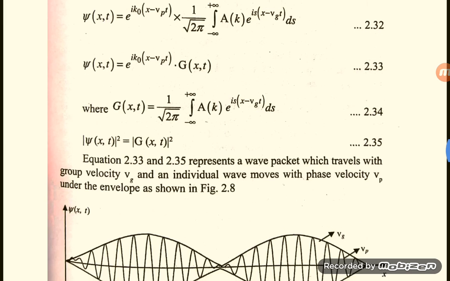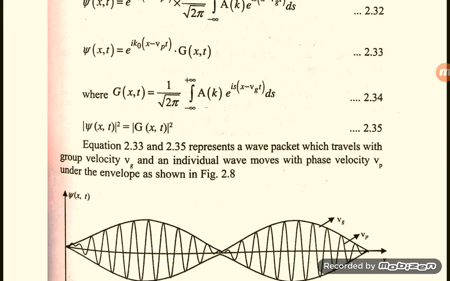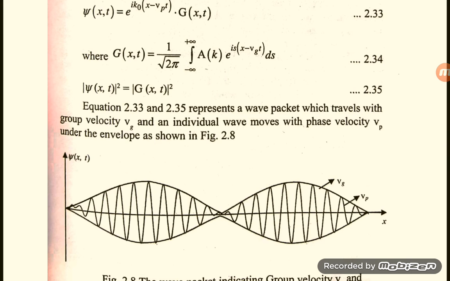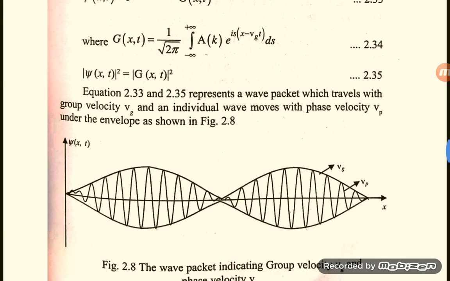So here the normalization factor at t is mod psi of x,t squared equals mod g of x,t squared. So equations 2.33 and 2.35 represent a wave packet which travels with a group velocity Vg, and an individual wave motion with phase velocity Vp under the envelope, as shown in the figure.